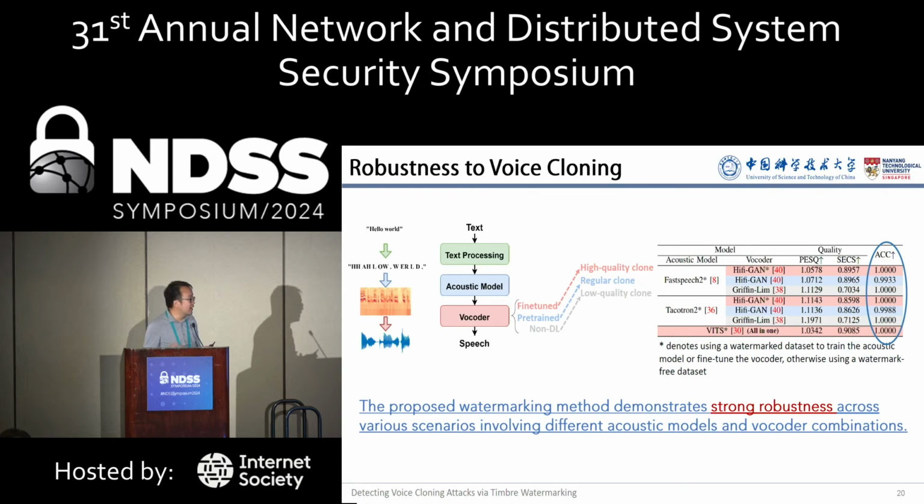The attacker can use a pre-trained vocoder, or try a fine-tuned vocoder to get better quality, or use a non-deep learning method. In the right table, we show the results for the 3 possible actions across 2 datasets. We can see that for each case, our extraction accuracy is close to 100%, which indicates that our solution is robust against the different types of scenarios.